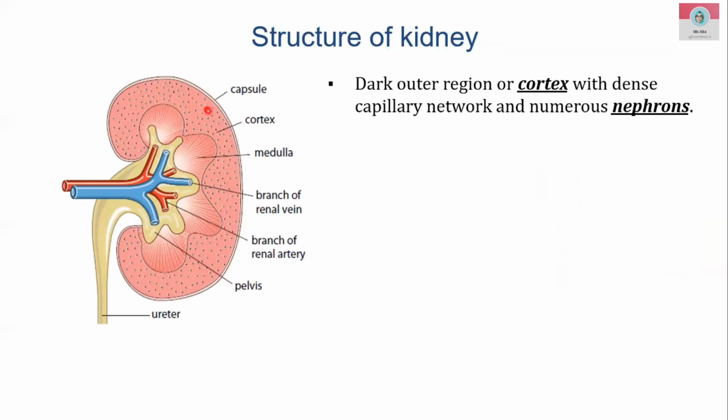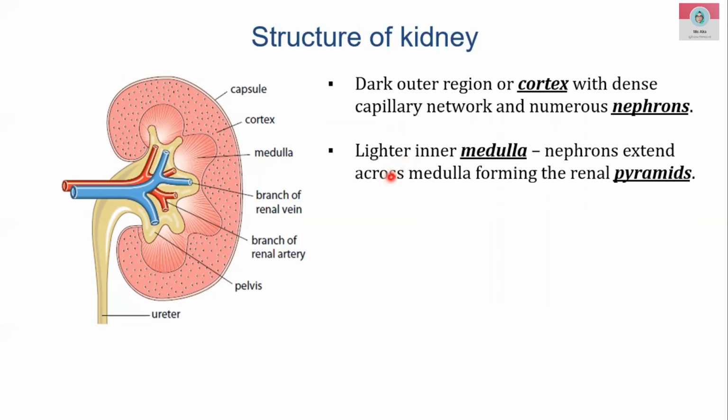You must know where the cortex is. The outer region that you can see here is called the cortex. The triangular structure slightly underneath is the medulla. Please know the cortex and the medulla. Within the cortex, you will find a lot of capillary network, and in fact, there are millions of nephrons.